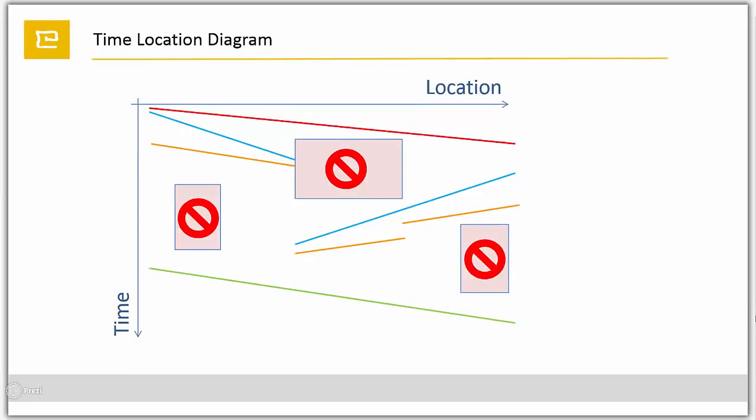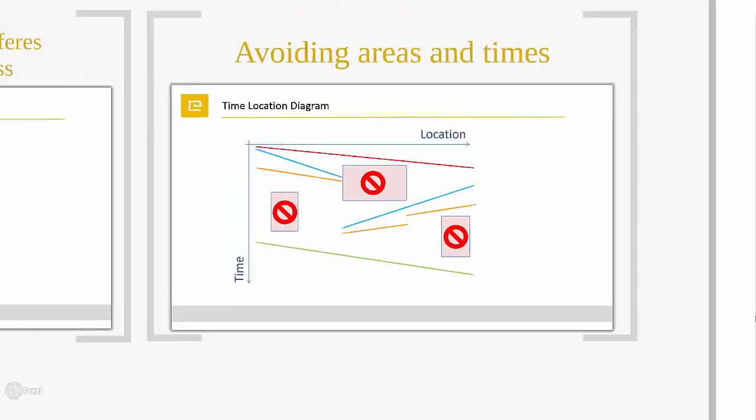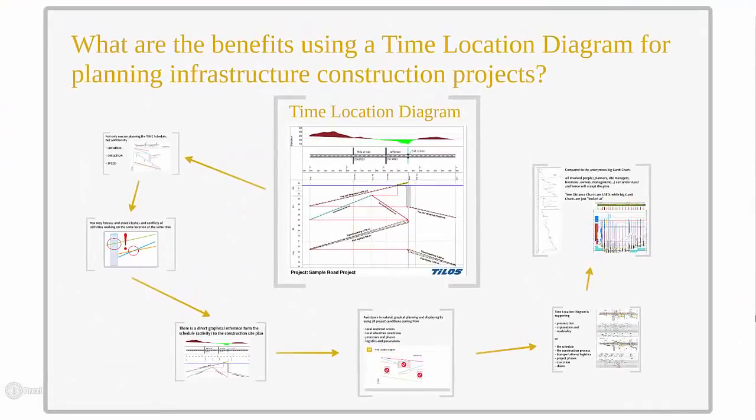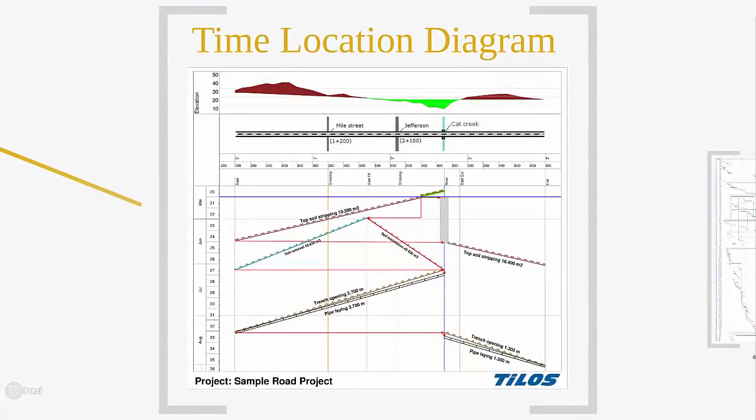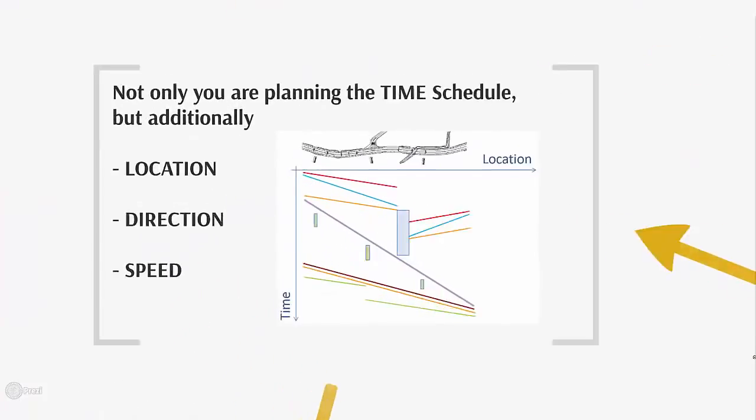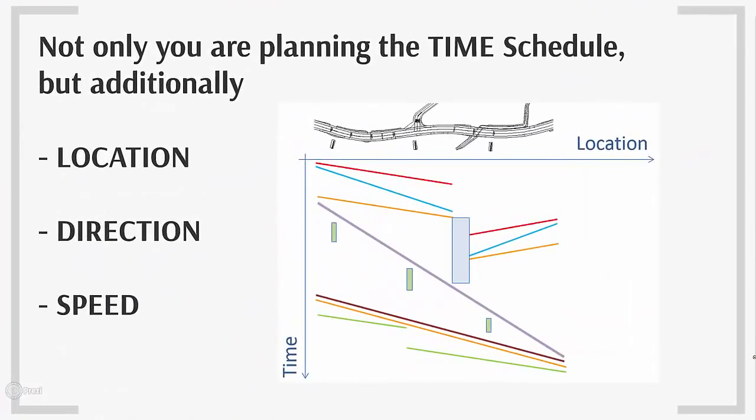Coming so far, now what are the benefits using a time-location diagram for planning infrastructure construction projects? Starting with the obvious from a time-location diagram: not only are you planning the time schedule, but also location, direction and speed.